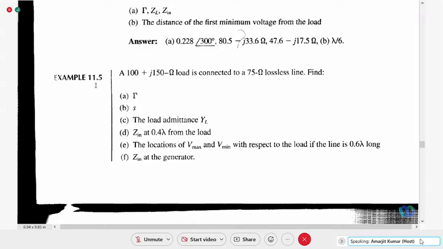What was the formula? Zin is equal to Z naught square upon ZL. So Zin upon Z naught is equal to 1 upon normalized ZL, which is the normalized Y. So normalized YL will be equal to the normalized input impedance if we use lambda by 4.